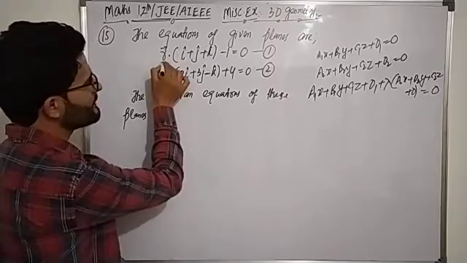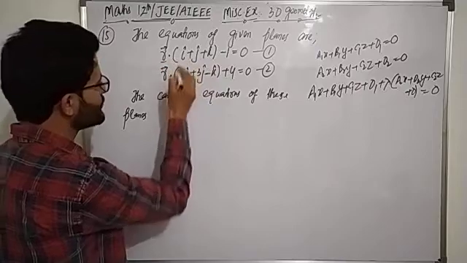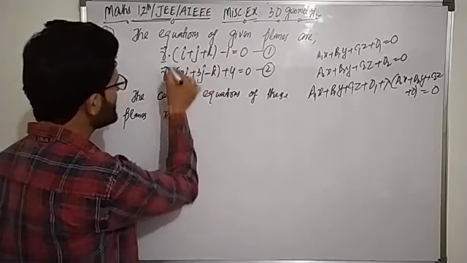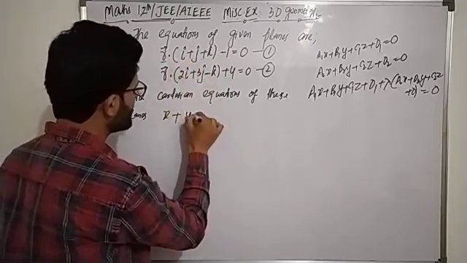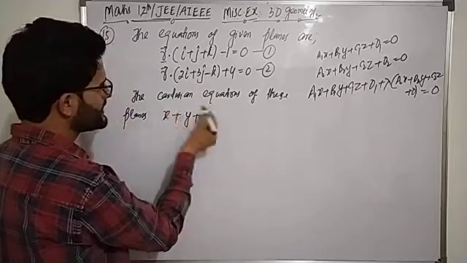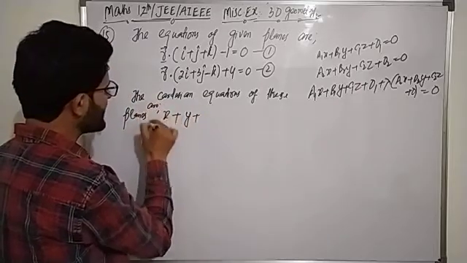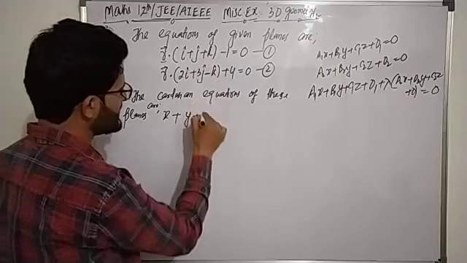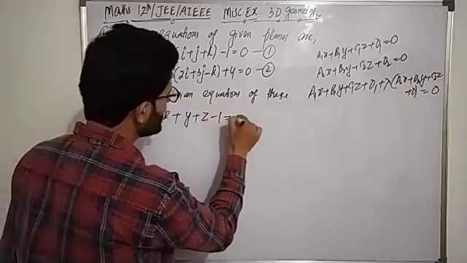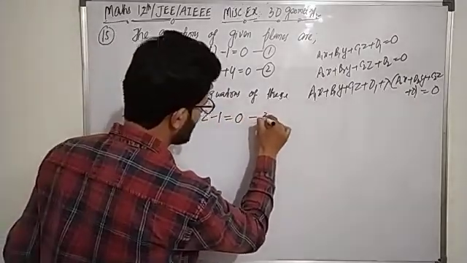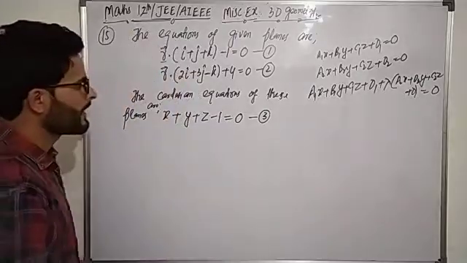Taking the dot product with xi plus yj plus zk, x into 1 is x plus y into 1 is y plus z, so the Cartesian equation of the first plane is x plus y plus z minus 1 is equal to 0.